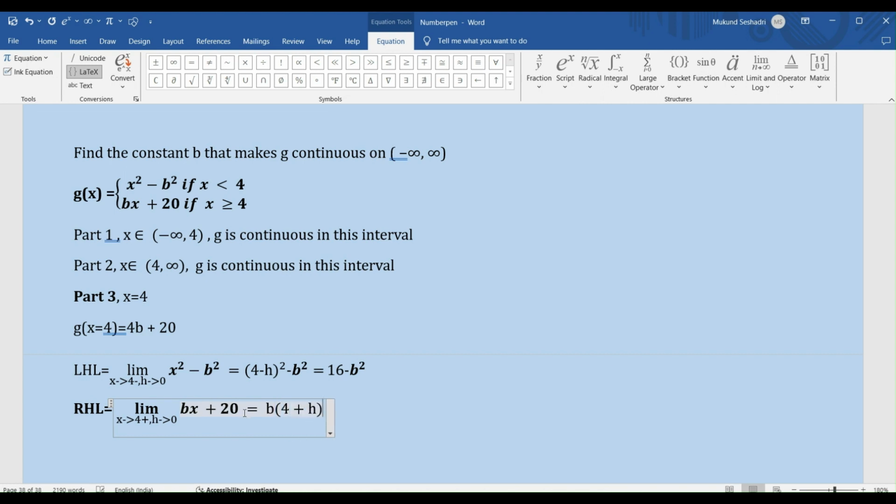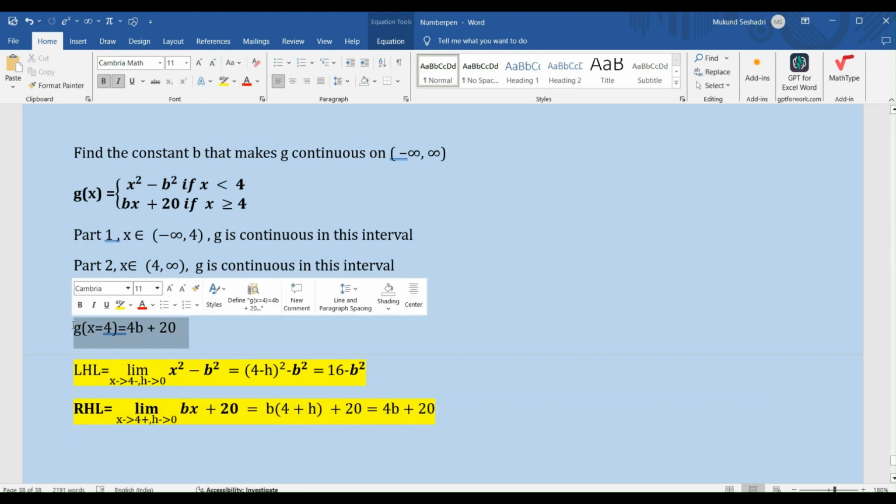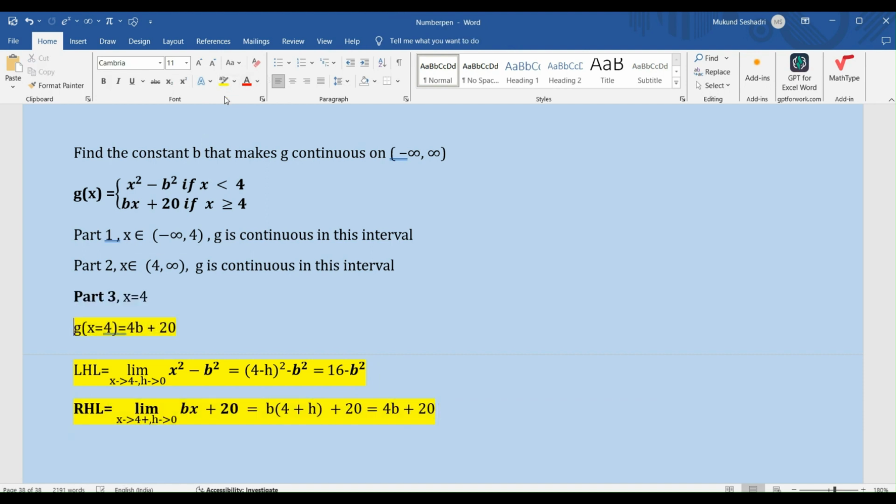Because we are approaching it from the right-hand side. And when I do a substitution of h equals 0, because h is infinitesimal, I am left with 4b plus 20, right? So we notice one thing here. My LHL is 16 minus b squared, so let me highlight it. And my RHL is 4b plus 20. And my g at x equals 4 is 4b plus 20, right?